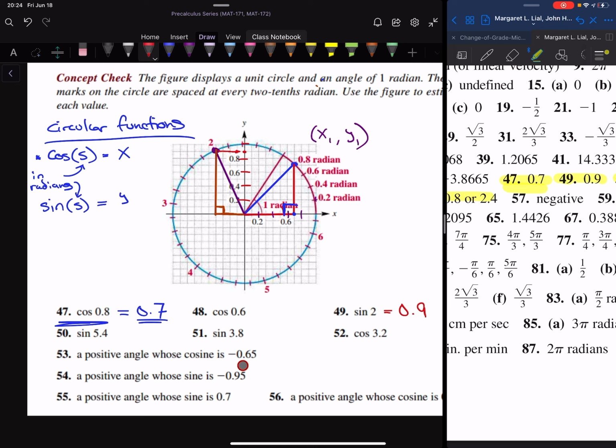But then also, we're talking about this. This is an output, so this is a coordinate. So we need to go on the x-axis to negative 0.65 and see what angles can correspond to that.